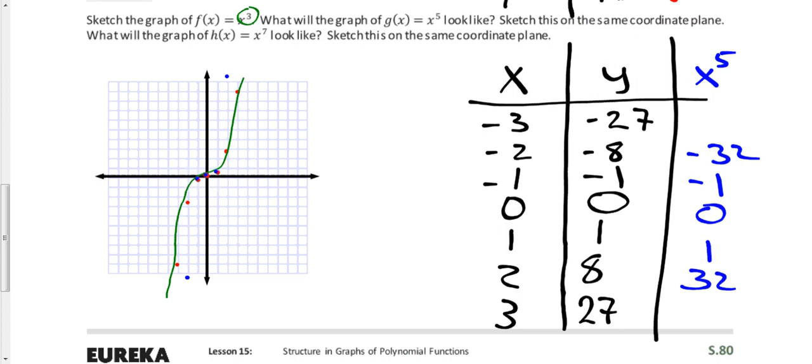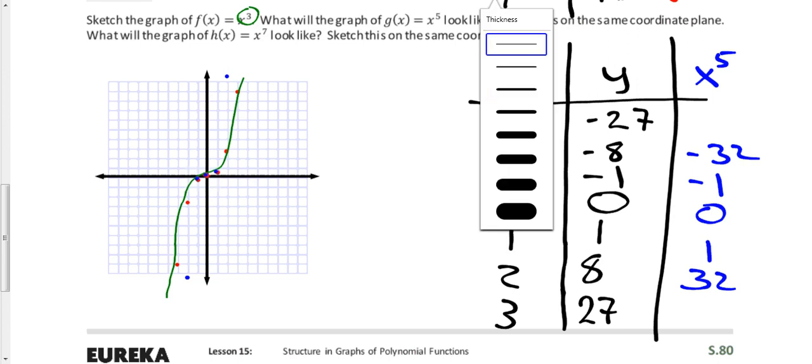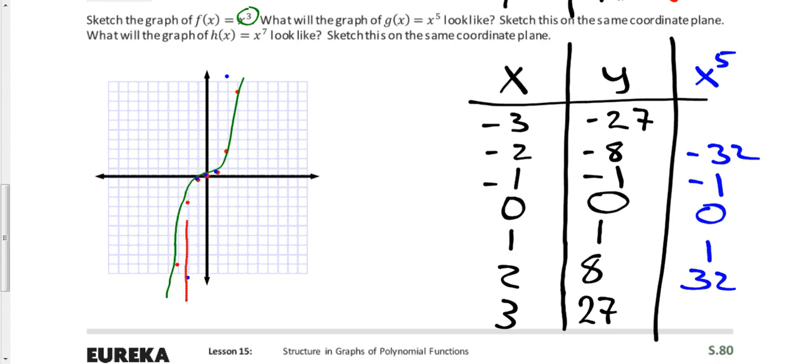And then I'm going to do red and, do you see how it gets tall and skinny? It's going to get taller and skinnier. What do you think x to the 7th would do?